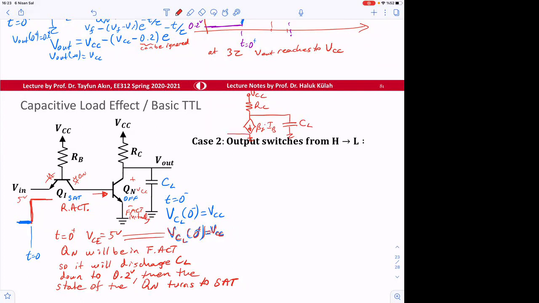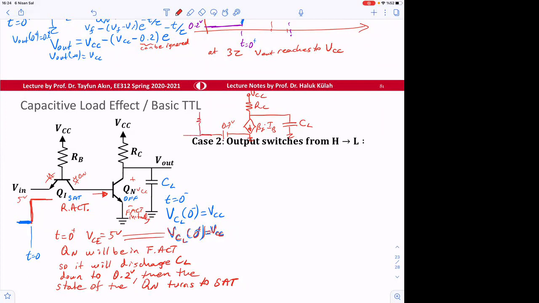So we need to calculate this I base here. In the model, this is going to be 0.7 volts. And then what else? We have this other transistor here, and for the other transistor, we need to draw the model.